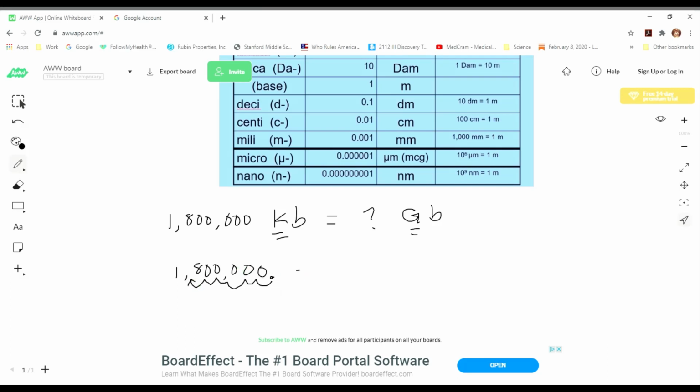And that means it's got to be 1.8. I'm not going to put the zeros in. But 1.8 gigabytes is the same as 1,800,000 kilobytes. It's also the same as 1,800,000,000 bytes. That's kind of by definition. So that's how you're going to do these problems.